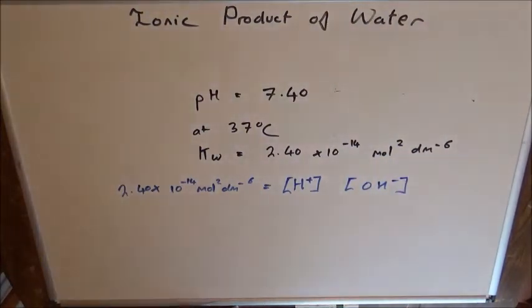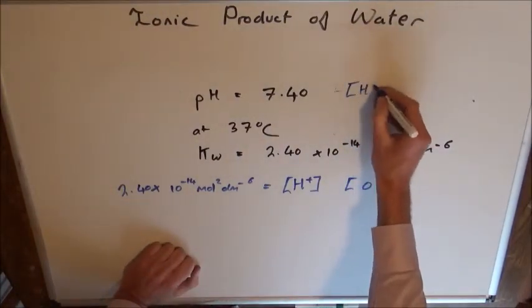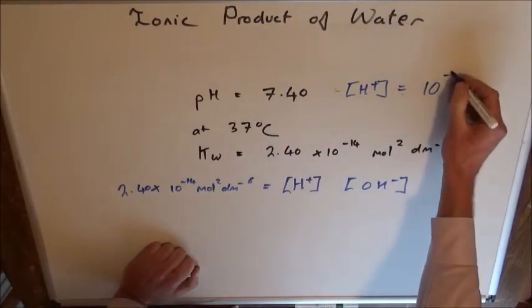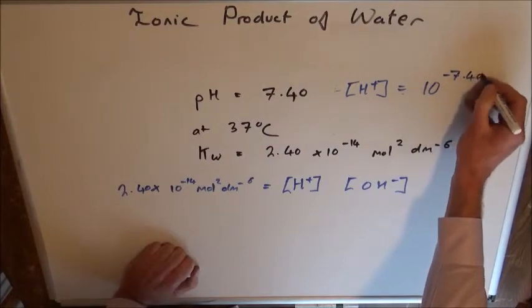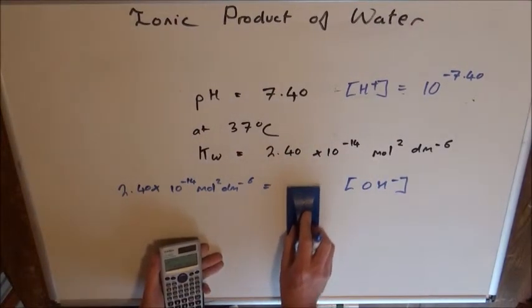Now, because we know the pH is 7.4, then we can say that the H plus concentration is 10 raised to the power, where you reverse the sign of the pH. So if I plug that into the calculator, 10 to the minus 7.4, that's giving me 3.98.